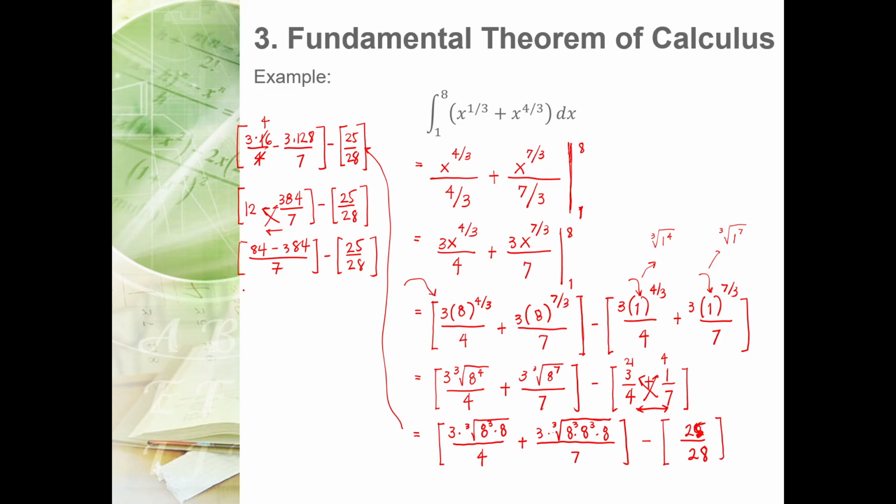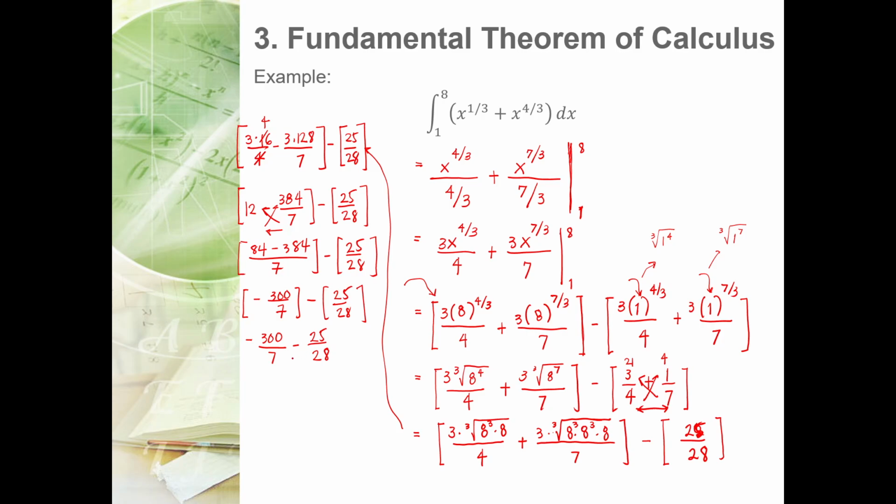So the first term coming from f of p is negative 300 all over 7, and then minus 25 over 28. Removing the brackets, we have negative 300 over 7 minus 25 over 28.